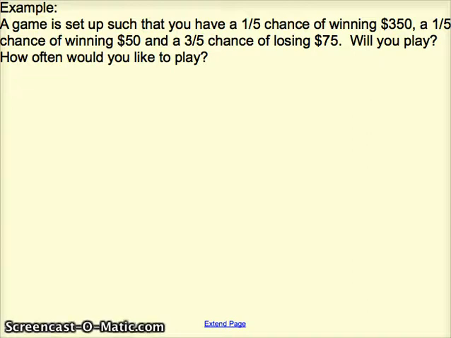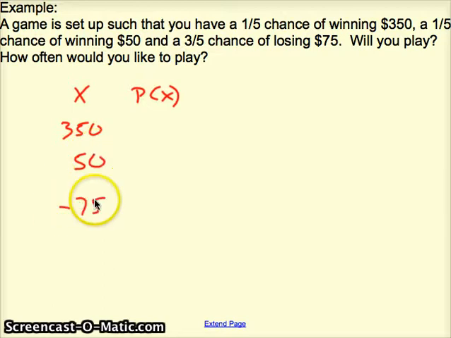All right, if you did as you were asked, we're going to take every outcome and its probability. What are the possible outcomes here? I could win $350, I could win $50, or I could lose $75. The probabilities are 1/5, 1/5, and 3/5.